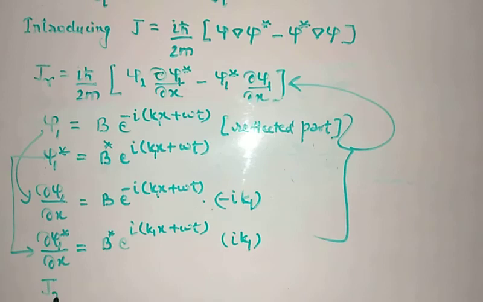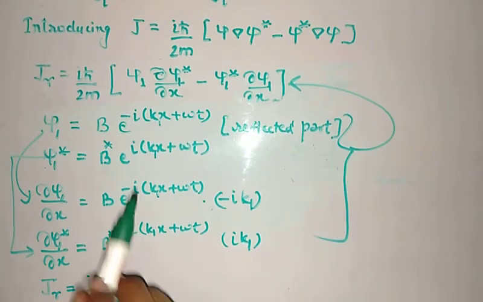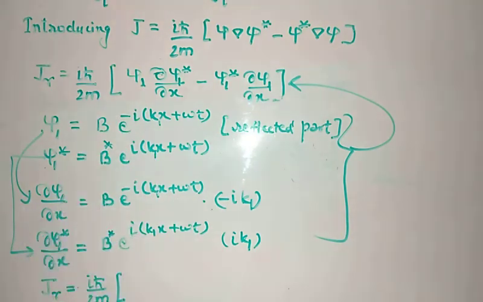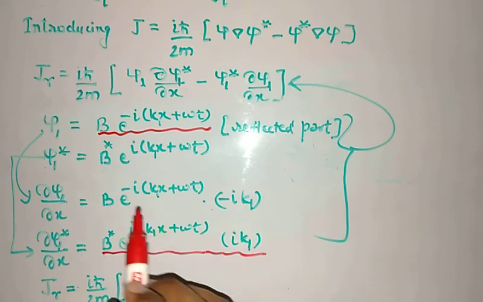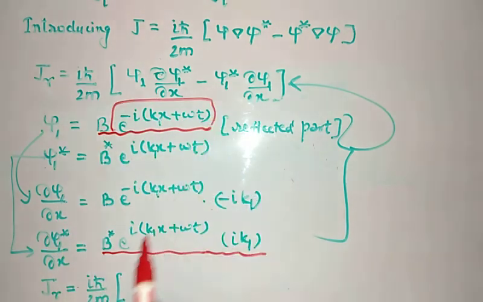J R is again I h cut upon 2m times psi 1. Psi 1 is this part, and this part is in multiplication. So when you use this term, obviously the exponential will be 1.